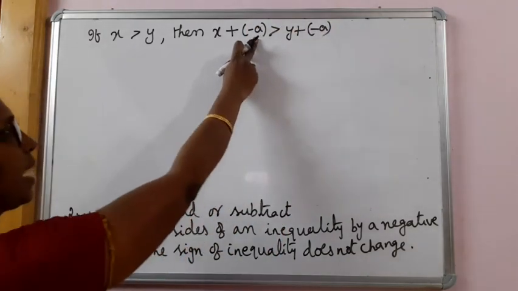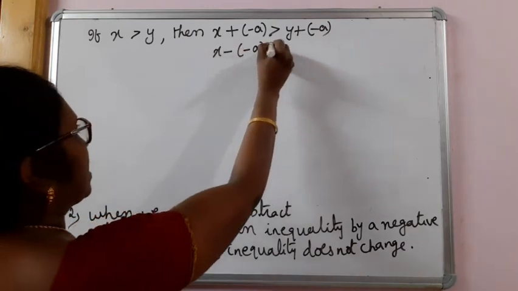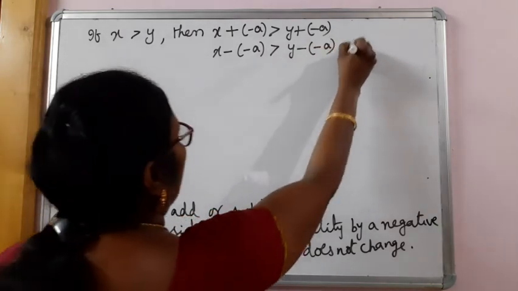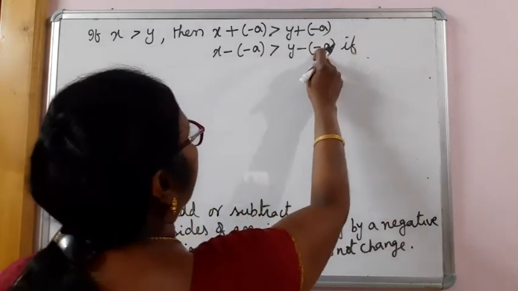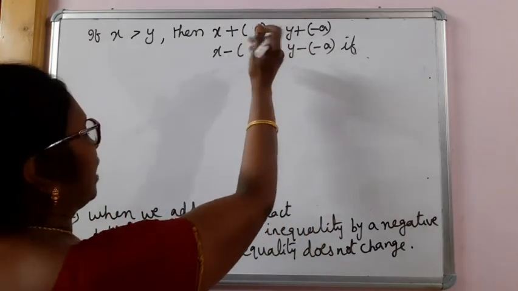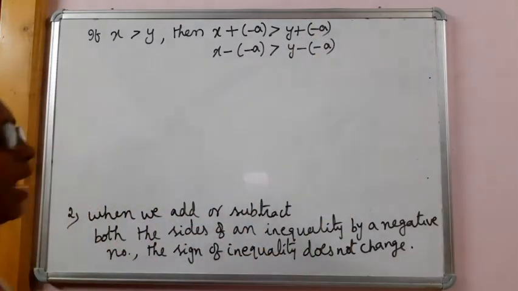That means minus a is negative integer. Similarly, x minus minus a is greater than y minus minus a if a is negative. Already negative I wrote here. Otherwise, we can write only if a is negative also. I already gave negative value, negative symbol, so I am not writing.